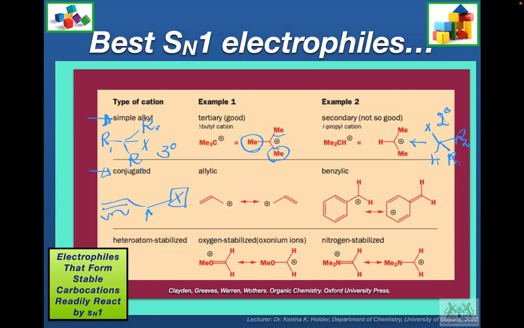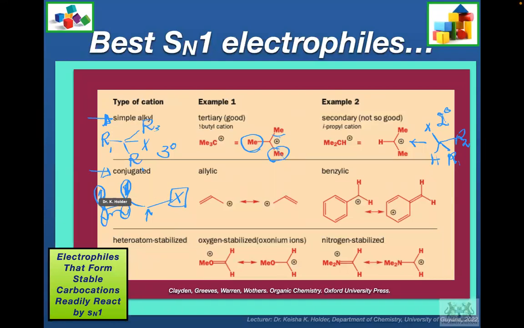Well, here we have sp2 hybridized carbons as well that result from the alkene, right? But these sp2 hybridized carbon atoms have p orbitals that contain electrons.